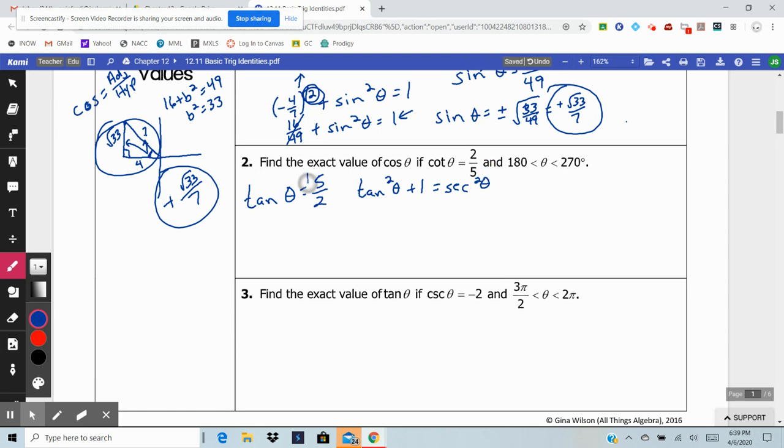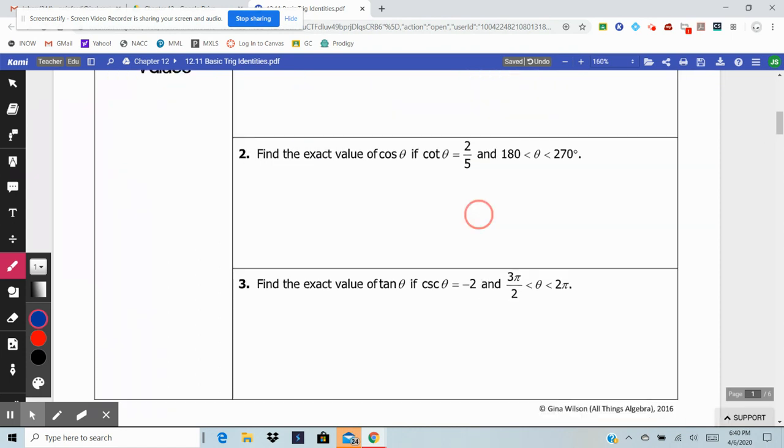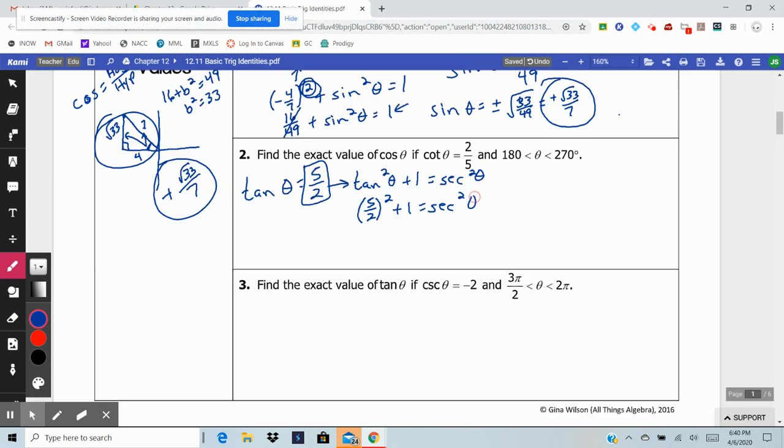Since the tangent is 5/2, I can plug that in here and say 5/2 squared plus 1 is equal to secant squared. 5/2 times 5/2 is 25/4 plus 1. And I'm going to go ahead and write that with a common denominator, equal to secant squared. Add those together gives me 29/4 is equal to secant squared.